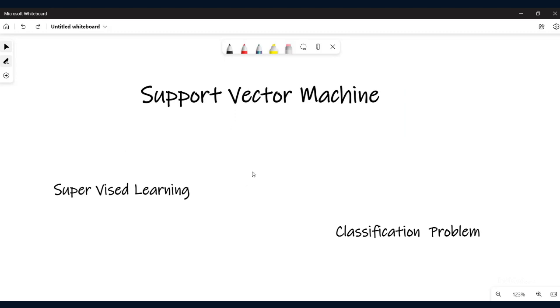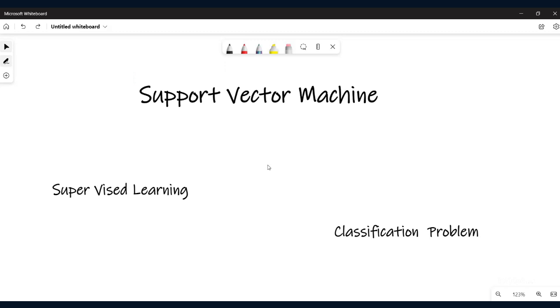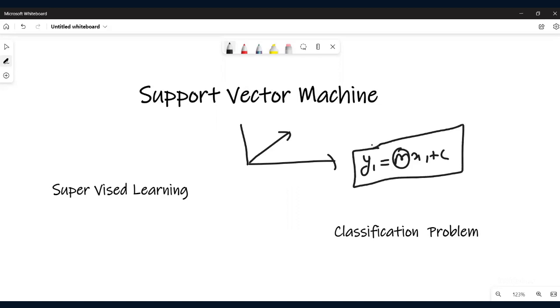Okay, so first of all, what is a vector? In mathematics, a vector is an object which has both magnitude and direction. So even a single line, y1 is equal to m x1 plus c, has a magnitude m and a direction. So this line is a vector in mathematical terms.